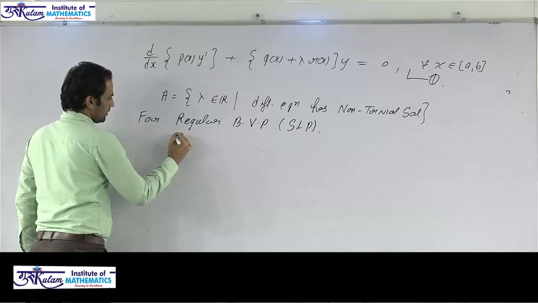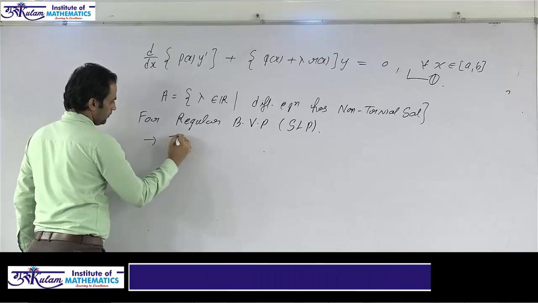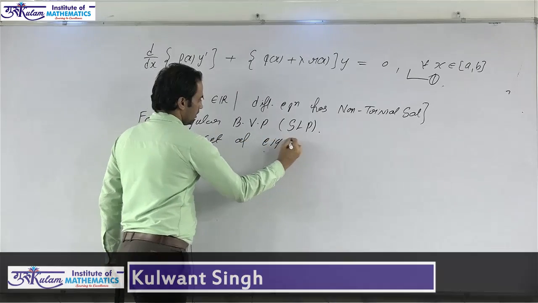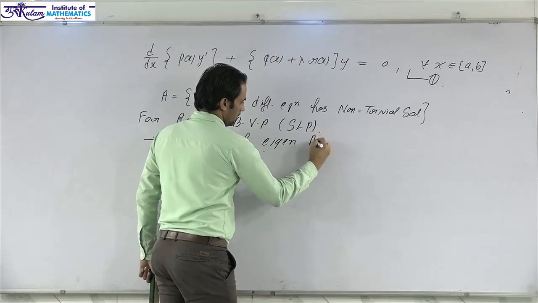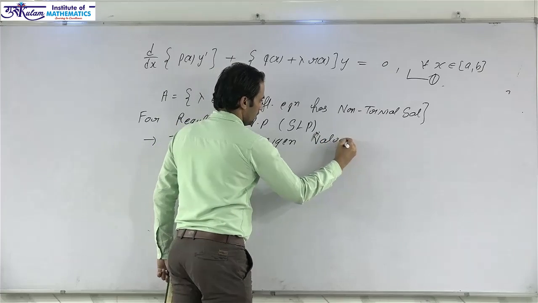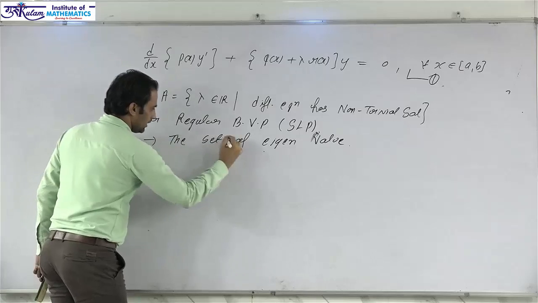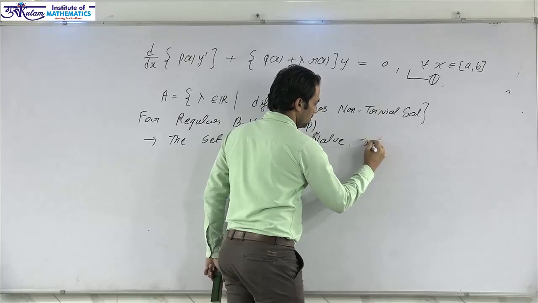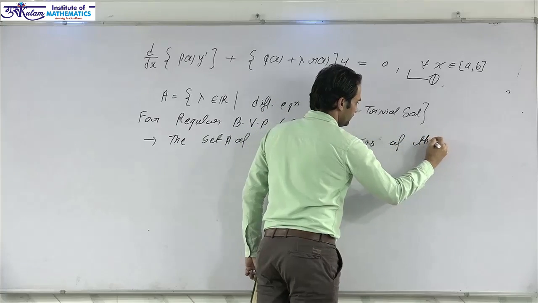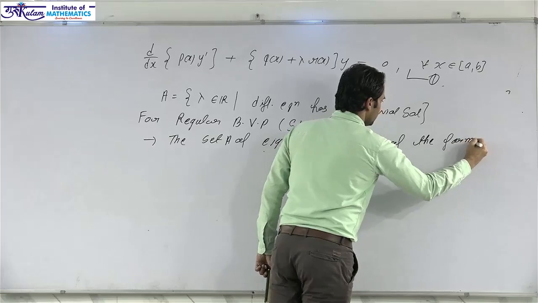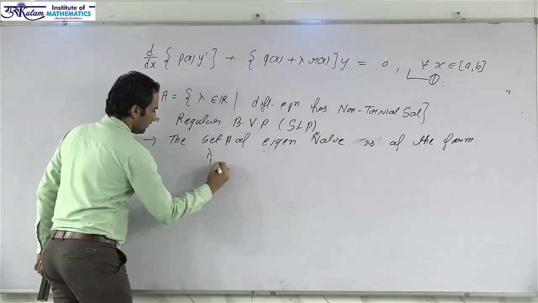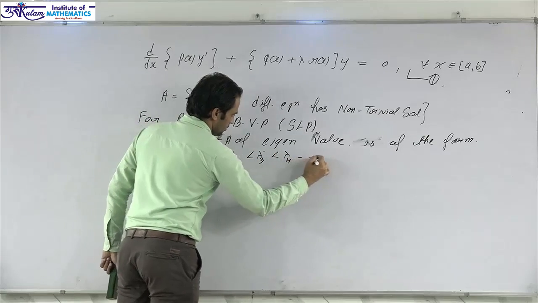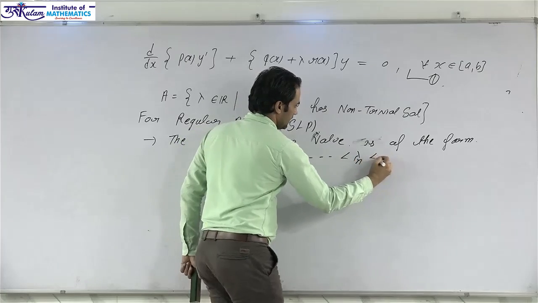Assuming the set A of eigenvalues is of the form lambda 1 less than lambda 2 less than lambda 3 less than lambda 4 and so on, less than lambda n and so on.